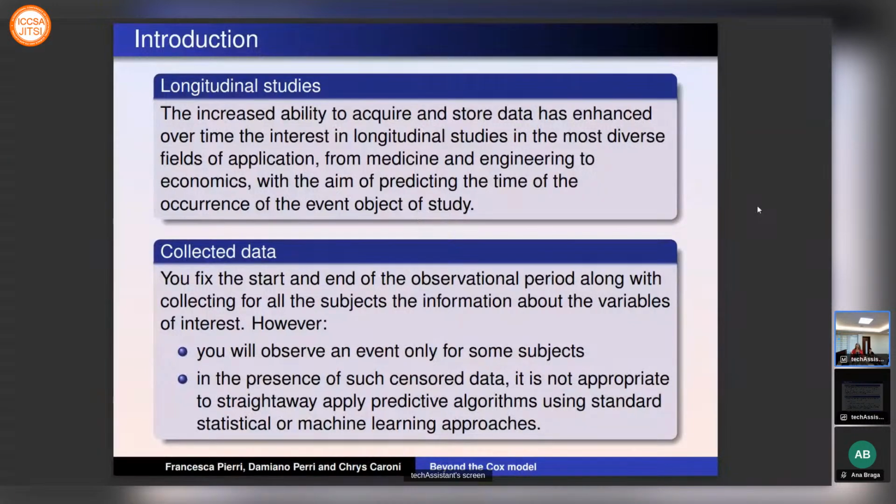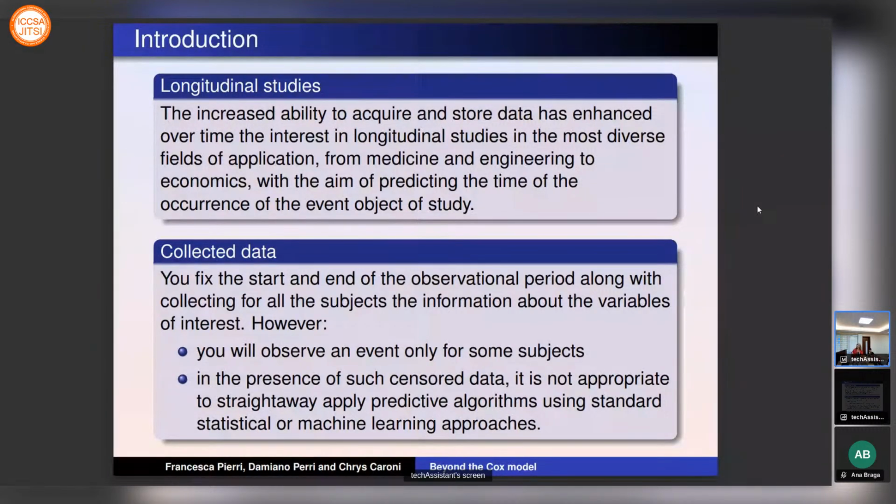To collect data for this kind of research, you must fix a start and an end of the observational period, and you have to collect information about the subjects. During this period, you will observe an event only for some subjects, so you are in the presence of censored data.